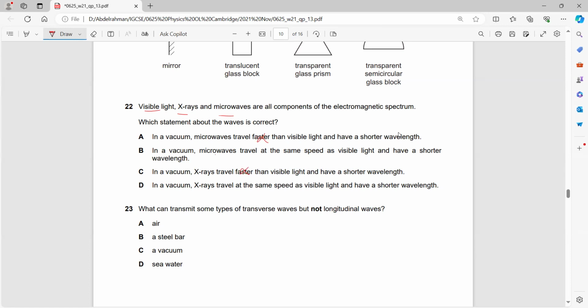In a vacuum, microwaves travel at the same speed and have a shorter wavelength than light: this is wrong. Actually, microwaves have a longer wavelength than light. In a vacuum, X-rays travel at the same speed and have a shorter wavelength than light. Yes, X-rays have shorter wavelengths than light. D.